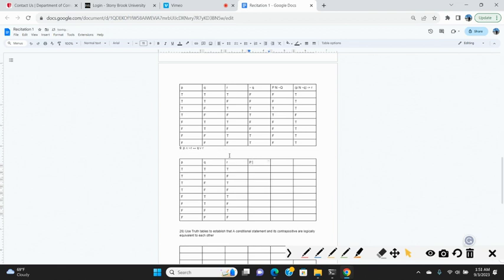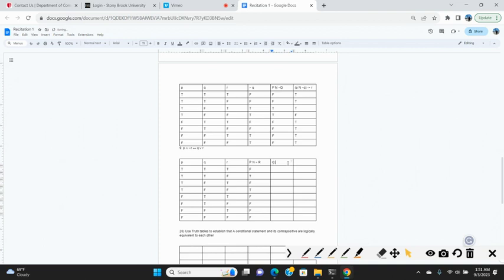So I can go P and not R. So just imagine that every row in R is reversed. So then we calculate P and not R. True and false is false. True and true is true. True and false is false. True and true is true, and everything else here is false because P is false.